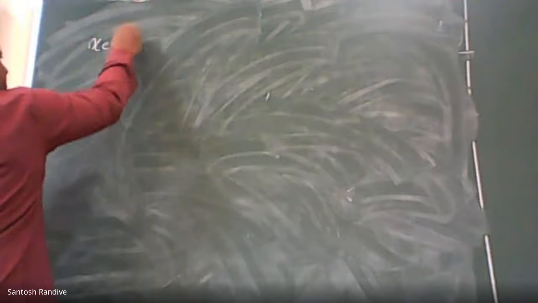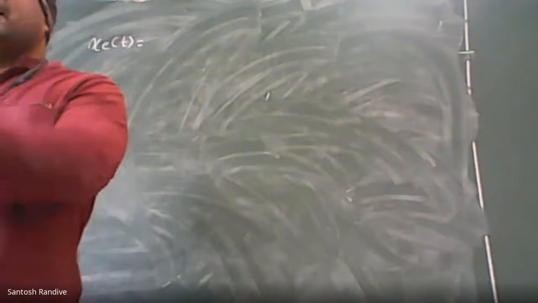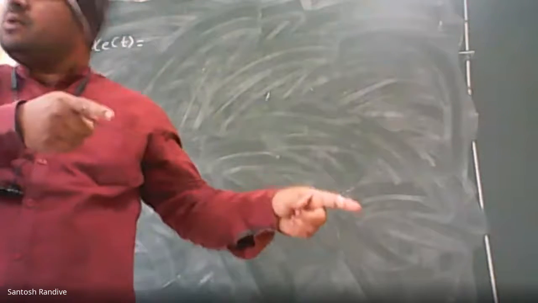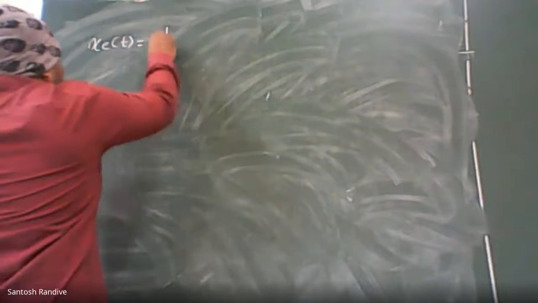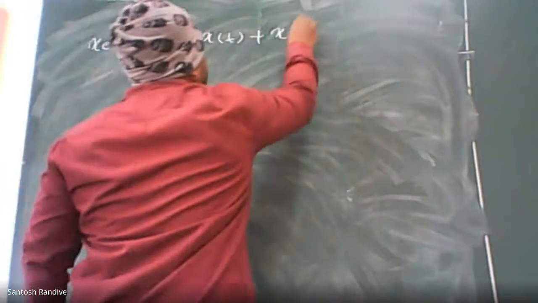Whenever I write t, I am talking about continuous; whenever I write x of n, I am talking about discrete. Keep that in mind. The equation I write for t is also applicable for n. So simply, xe of t is equal to 1 by 2, we have to find x of t plus x of minus t.